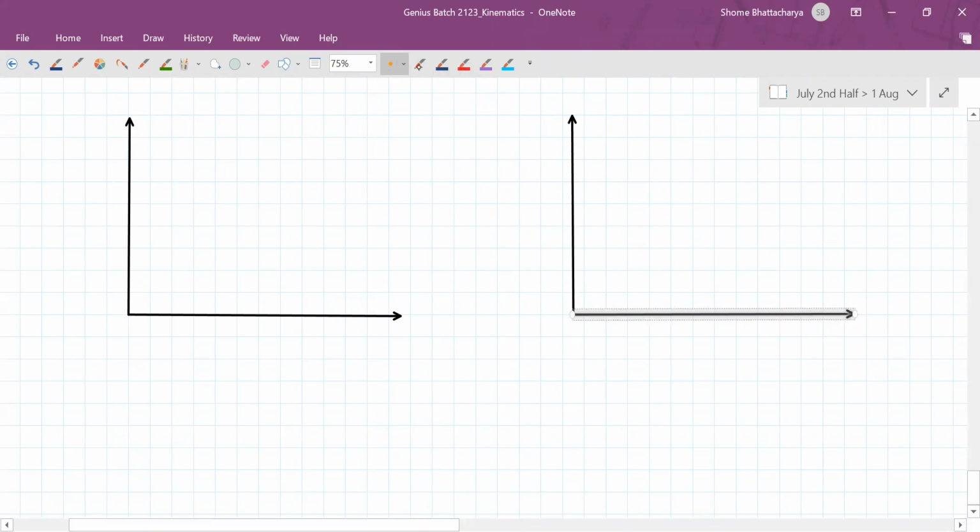So my s versus t. The only thing is that the graph will abruptly end here when it hits the ground. Okay, so this function will not proceed. We'll just stop at, what was it, 6 seconds, when it reached a displacement of 300 meters.